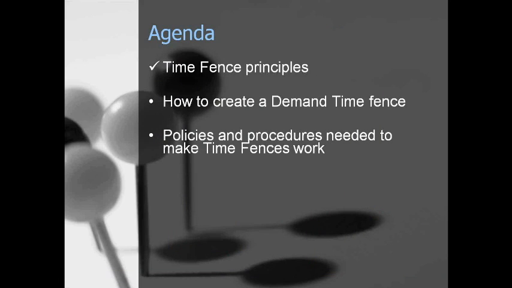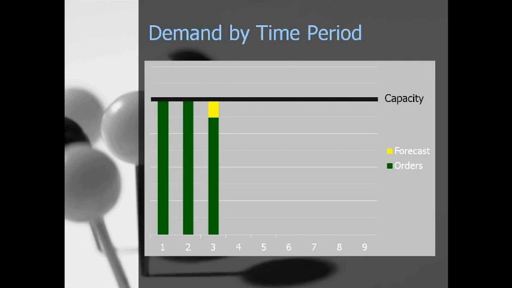Now that we've completed time fences, now we're going to look at how to create that demand time fence. This chart here shows our planning horizon. In this case, it is 9 periods of time. Those periods of time can be anything you want it to be. They can be days, they can be weeks, they can be months, they can be quarters. The concept is this: we have our capacity for our production process. That's that black line at the very top.